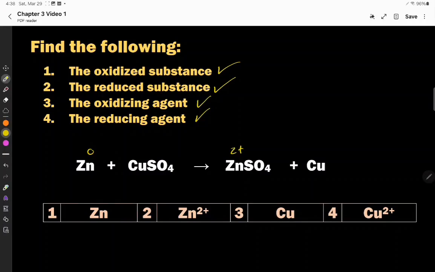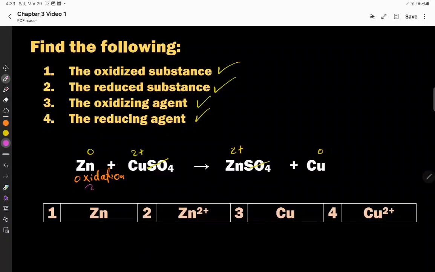Copper here is 2 positive, and after the arrow copper is 0. Sulfate is negative 2, we don't care about sulfate. Let's focus only on zinc and copper. What happened to zinc? From 0 to positive: oxidation.